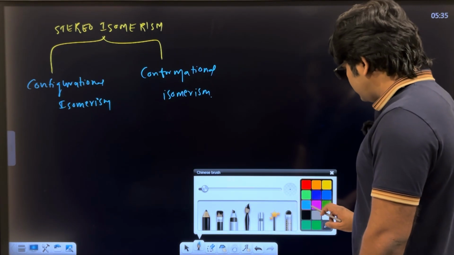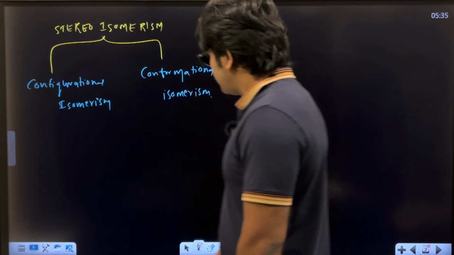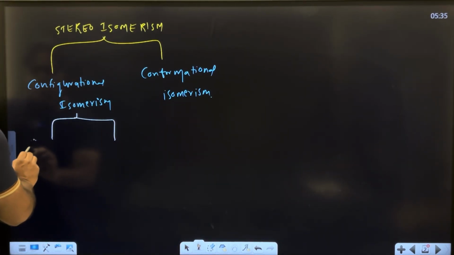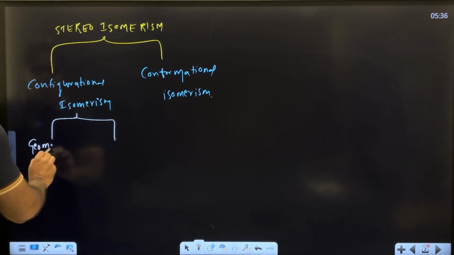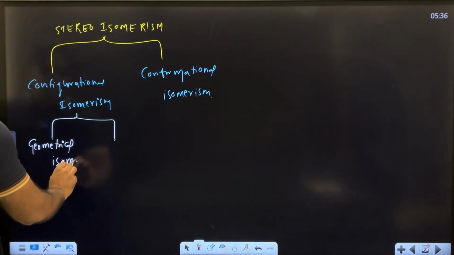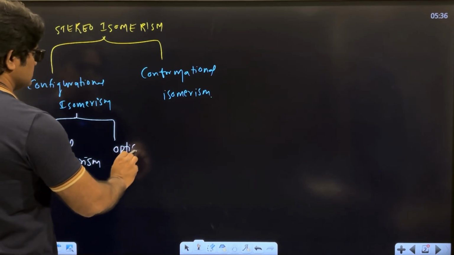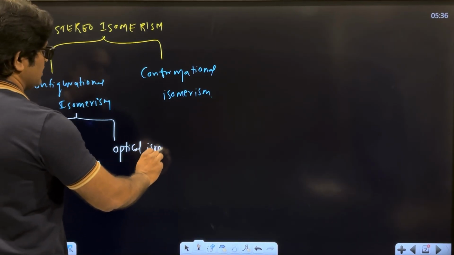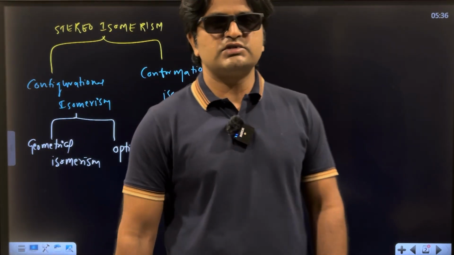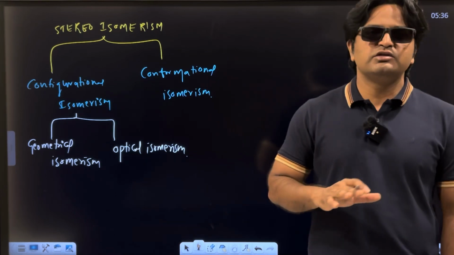Configurational isomerism again has two types: geometrical isomerism and optical isomerism. This is the basic classification of stereoisomerism in terms of configurational and conformational isomerism.